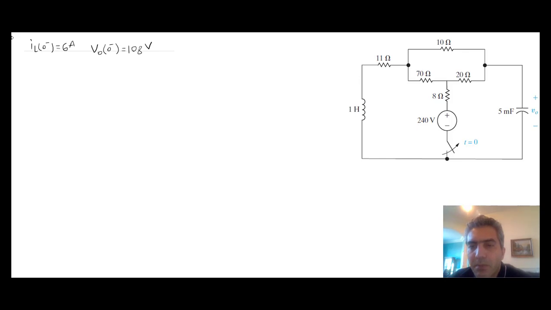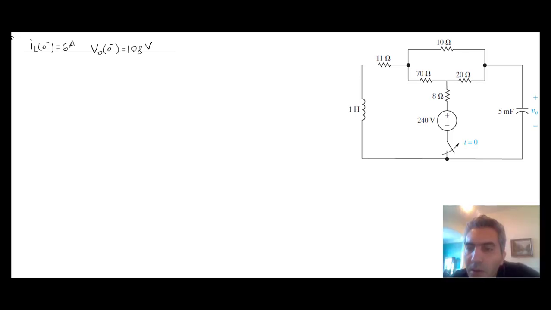Okay, with that in mind, when this switch opens up, something important happens: you don't have any voltage source in the circuit as soon as this opens up, because there is not going to be any current going through this branch anymore, because it is open. And as soon as that happens, you can completely ignore what is going on here. This is an important point to notice.